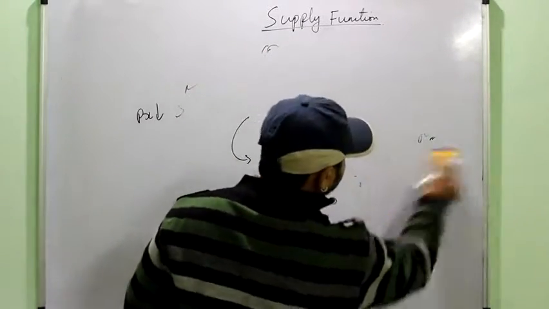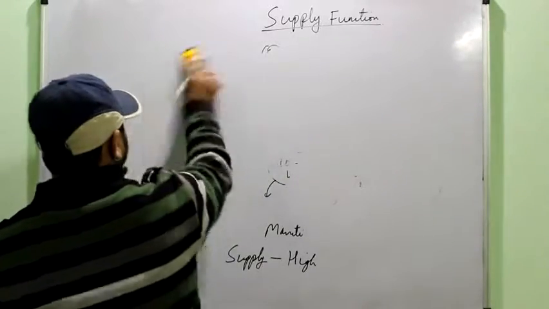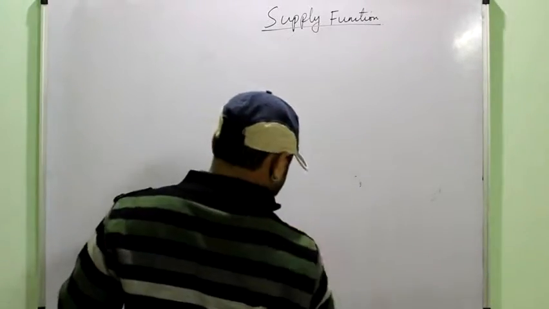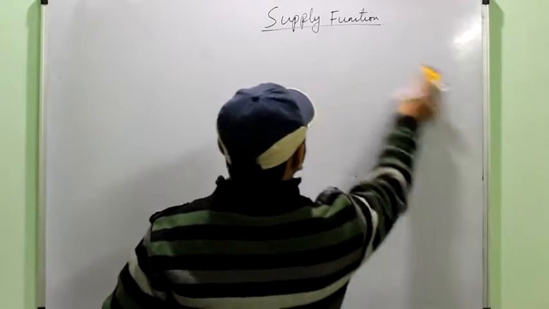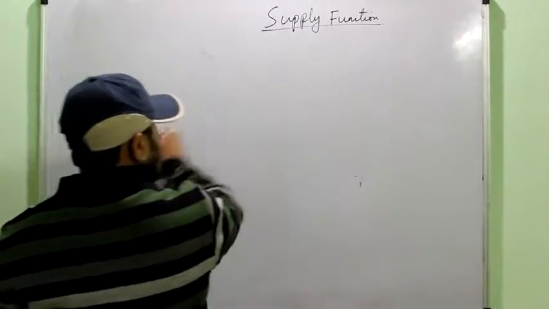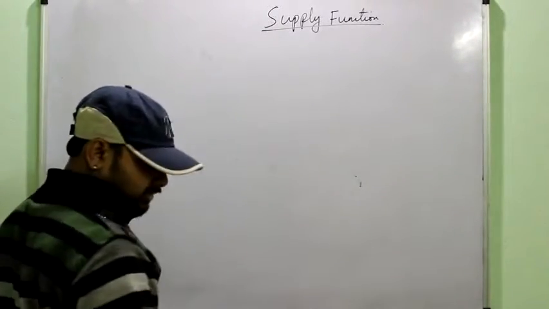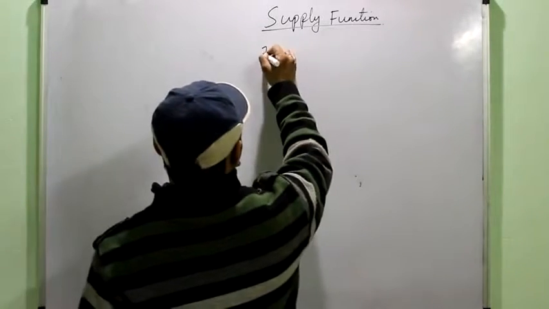Okay, then the last determinant which affects the supply of a commodity is the expectation regarding future price. Again, it is similar to demand, but this time you have to think from the point of view of the seller.